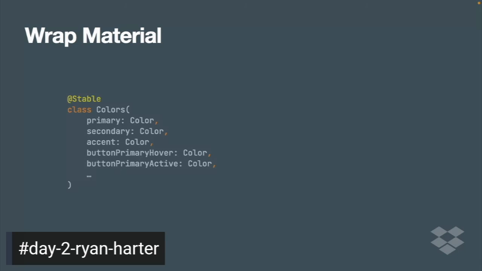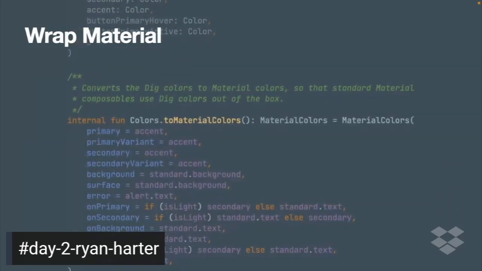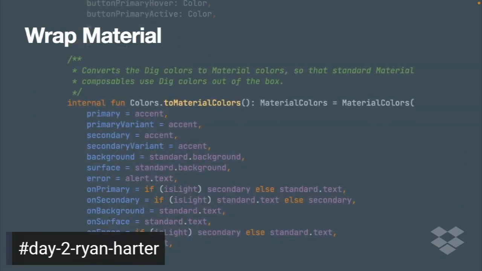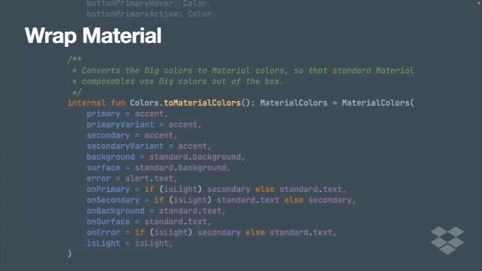But the extra step here that makes this interoperable without a lot of overhead with all of Material's components is this special little function. Effectively, we can make decisions about how to translate our token system into a default set that's usable by the Material components.